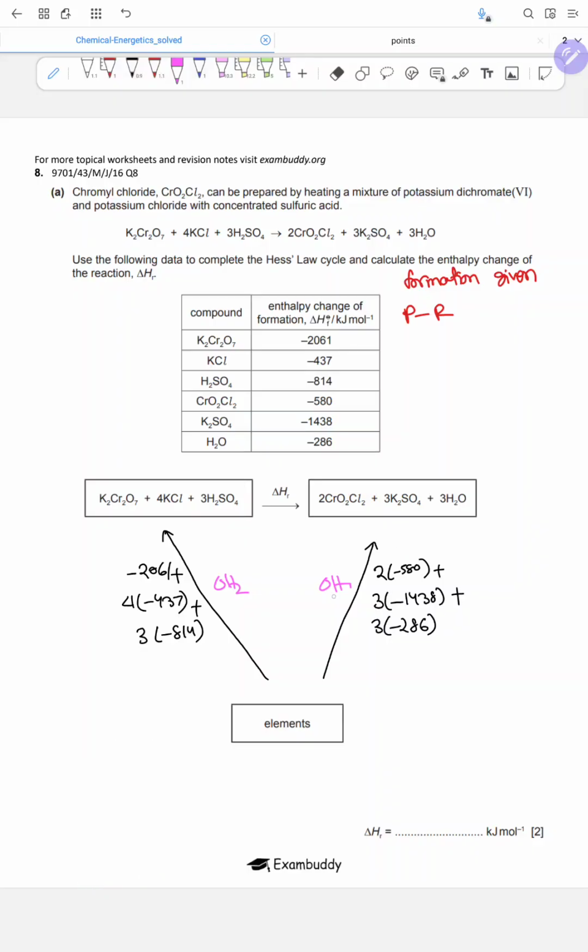So you see the cycle is like this. From elements we'll go to the final products, but the cycle can also follow in this direction.